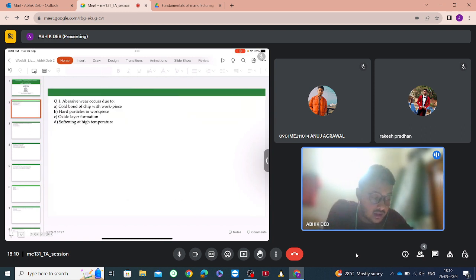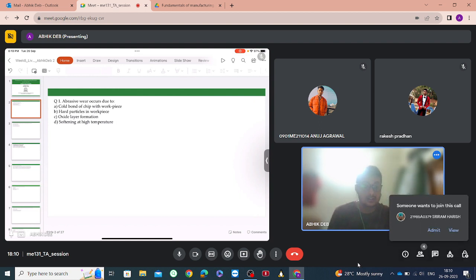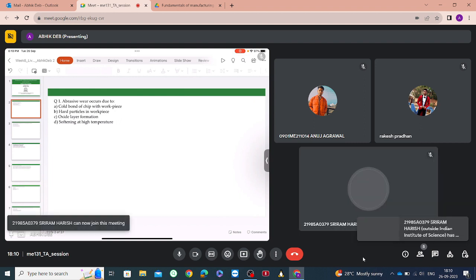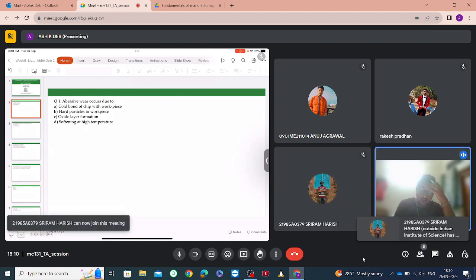In the previous class, we were discussing the different types of wear that occur during the machining operation. Related to abrasive wear, why does abrasive wear occur? Abrasive wear occurs due to the cold bond of chip with the workpiece, the hard particles in the workpiece, oxide layer formation, or softening at high temperature.